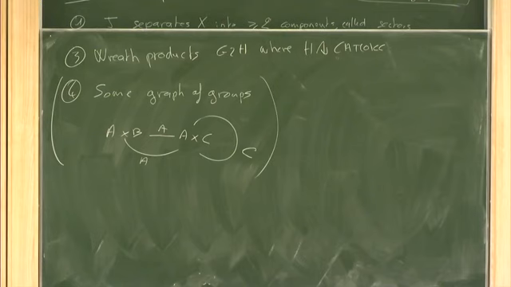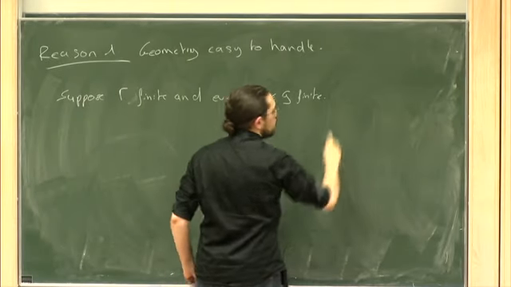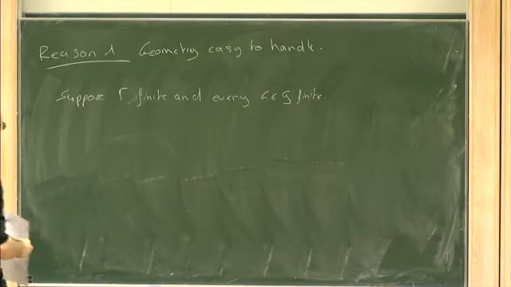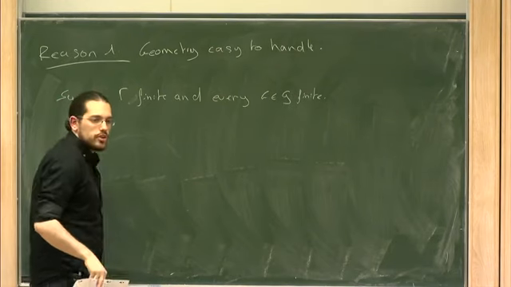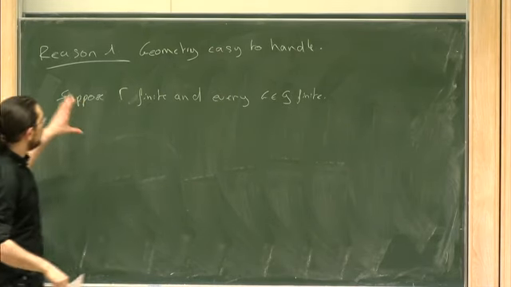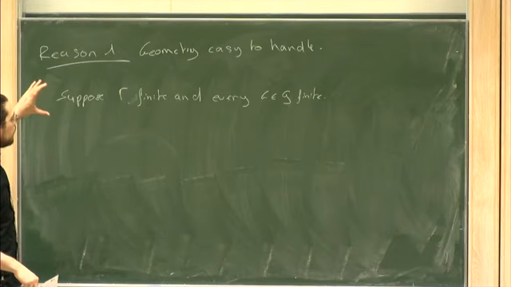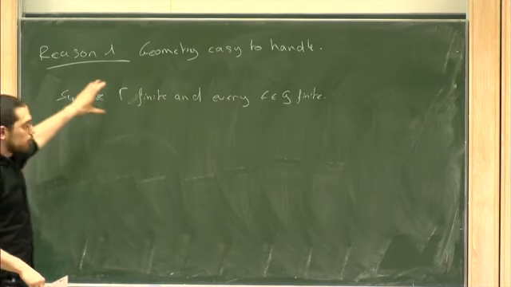Suppose that Γ is finite and that every vertex group is finite. This is the situation where the generating set used to define X(Γ,G) is finite, so X(Γ,G) will really be a geometric model for the graph product.